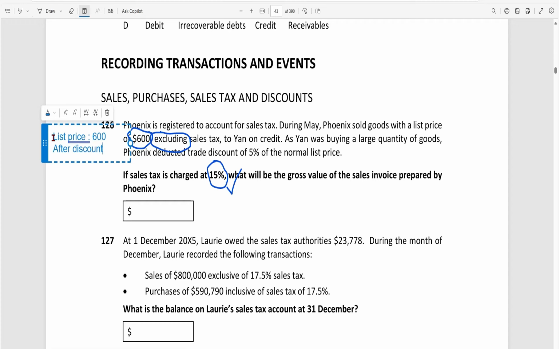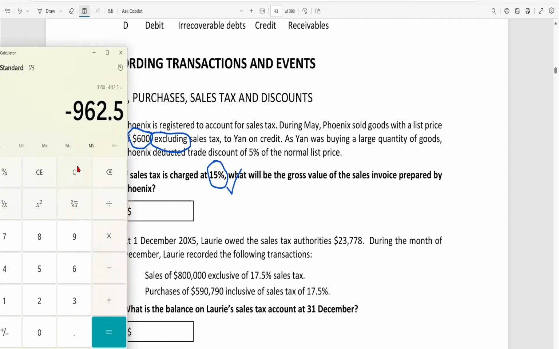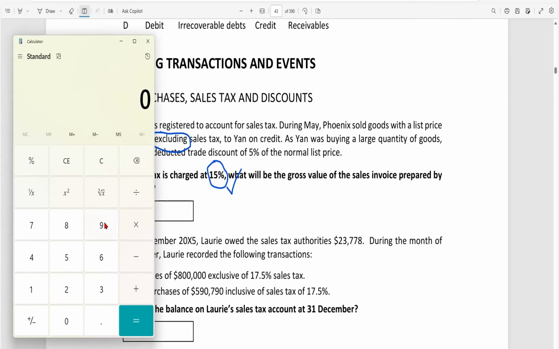After discount, the price will be, so I hope you know how to calculate the discount. What you can do is, the 5% discount has been given. In our case, the list price is 600, right?